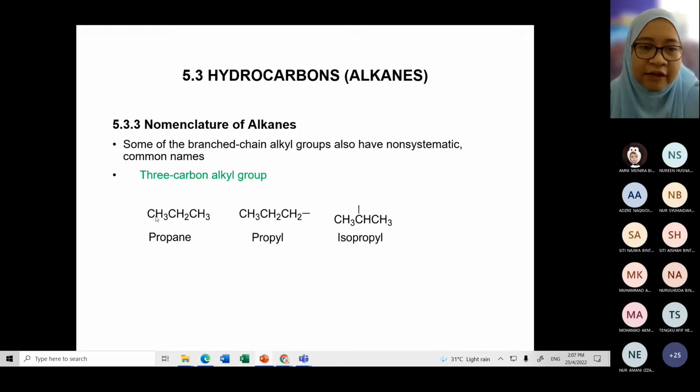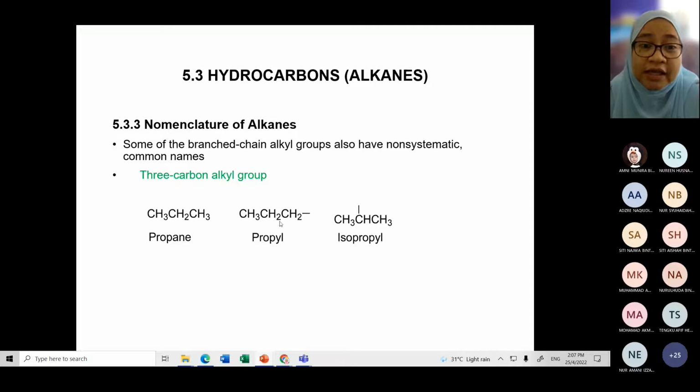If we have only 3 carbons, that means it is the only carbon chain that we have, then it is called propane. It has no substituent, so it is called propane.